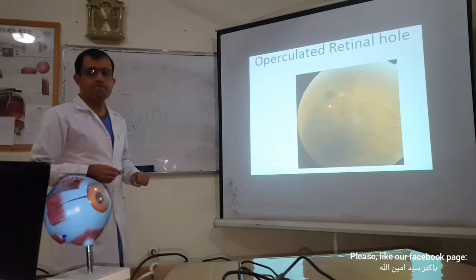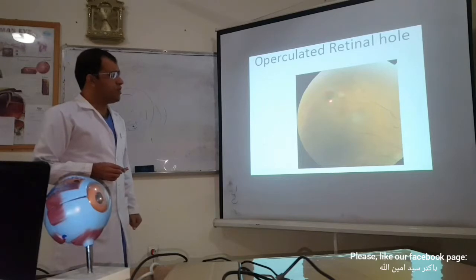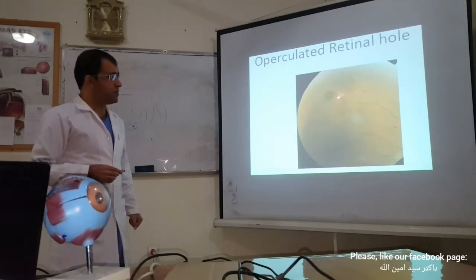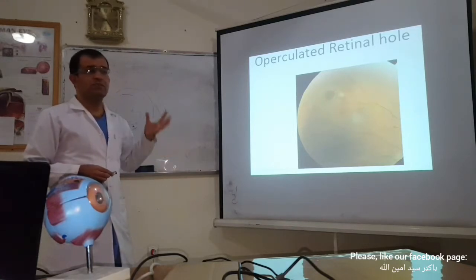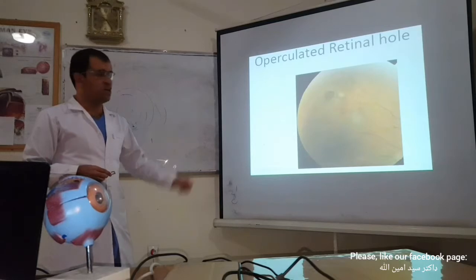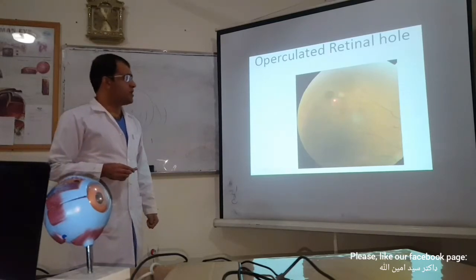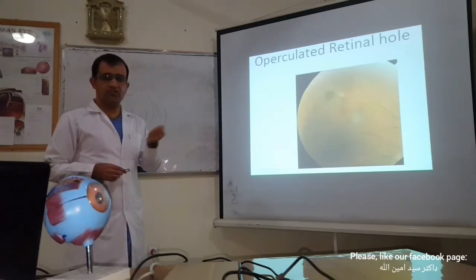Why? Any idea? Because the normal retina has the blood supply. When it is separated from the normal retina, the blood supply is not there, so it becomes atrophic and it shrinks, and it becomes smaller. And in these patients, sometimes a part of this operculum is attached to the retina, and it is under the traction.